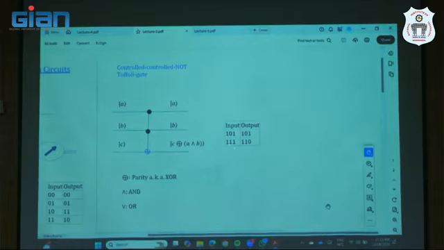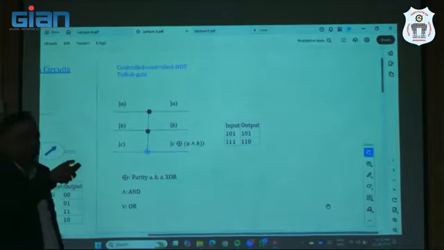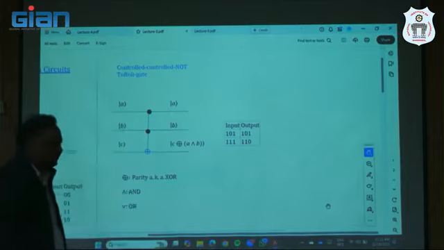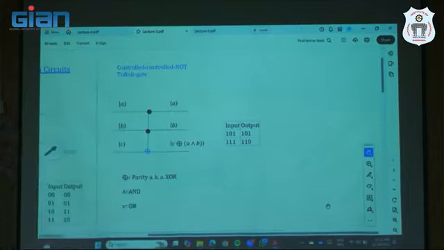But here 110 goes to 111 because both A and B are 1. If C was 0, it becomes 1. Agreed. C is flipped. C is flipped if and only if A and B are 1. In any other case, C is untouched, and A and B are untouched anyway. Okay? This is the Toffoli gate.